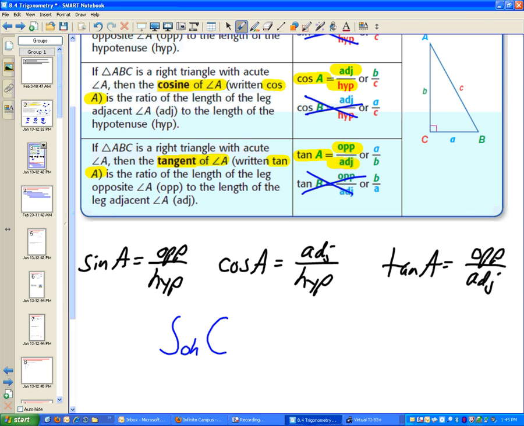C for cosine, AH for adjacent over hypotenuse. T for tangent, OA for opposite over adjacent. I don't remember the story. But if I write that at the top of my paper, I'll never get these definitions wrong. Ever. Ever, ever, ever. So, if I were you, I'd memorize that as well.